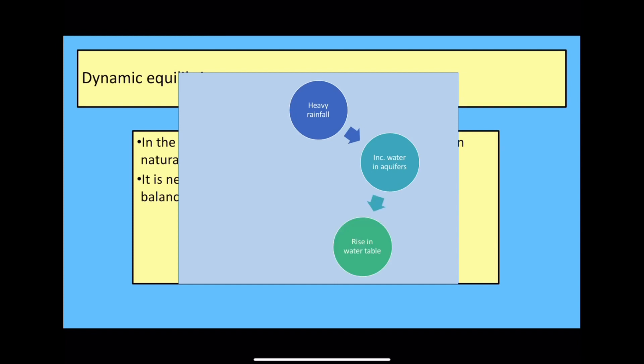This will lead to a rise in the water table, an increased flow out of springs, so there will be more discharge in the river, and the water table will return to normal. So the system has reacted to the change naturally, an automatic reaction, and this has brought things back into normal alignment. Okay, so that's an example of a negative feedback loop.